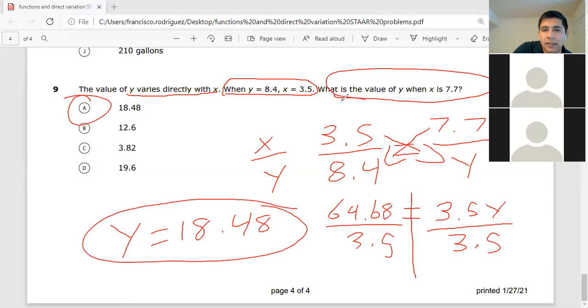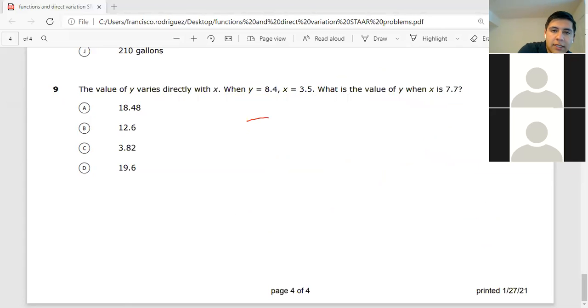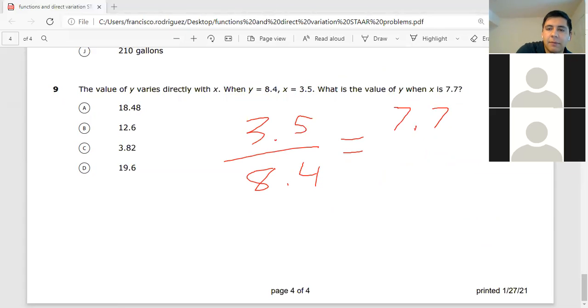So again, let's think about what we just did, okay? What I was saying is I was comparing 3.5 and 8.4. And I was saying, if x is 7.7, then what is y? We found out it's 18.48. And both of these two things should be equal to each other. So if I put this in the calculator, on one side I have 3.5 divided by 8.4.